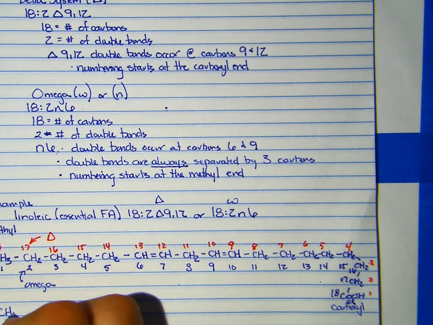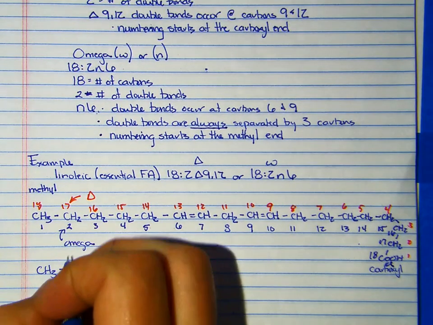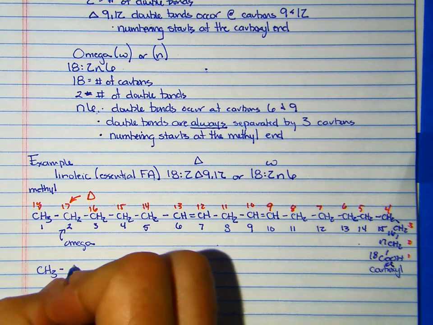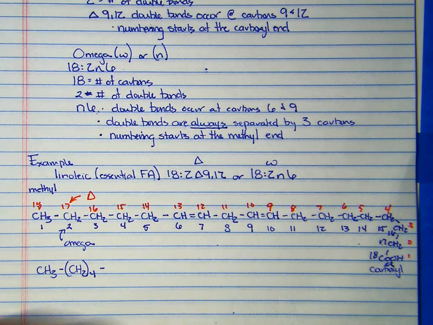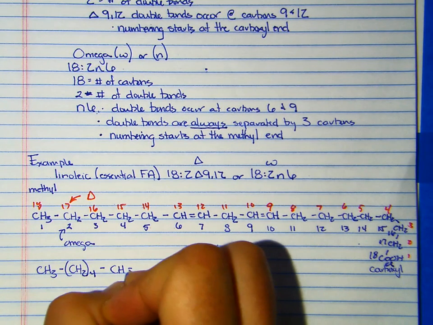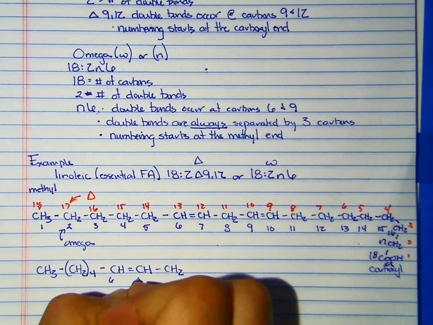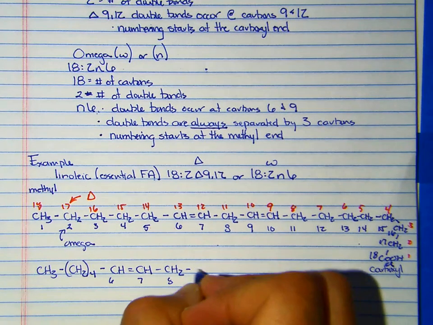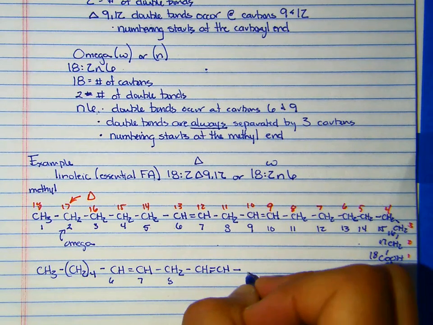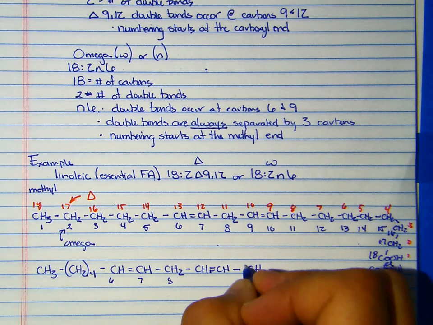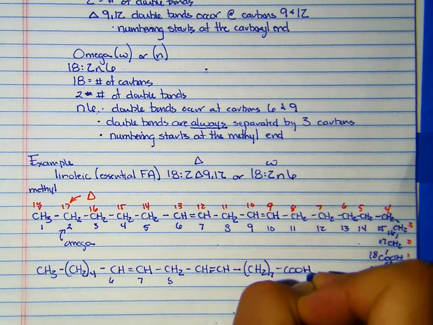Okay, and if you want to write it out easier, this is the same thing: CH3 scooted over and up, CH3 bonded to CH2 times 4, so that gets rid of the first 5 carbons, then CH double bond CH, CH2, carbon 6, 7, and 8, bonded to CH double bond CH, bonded to CH2 times 7, and then COOH.